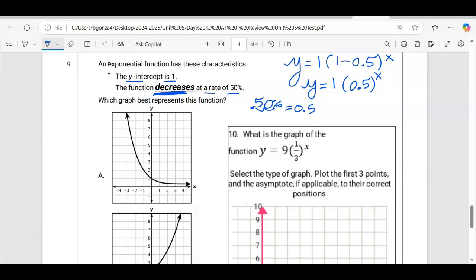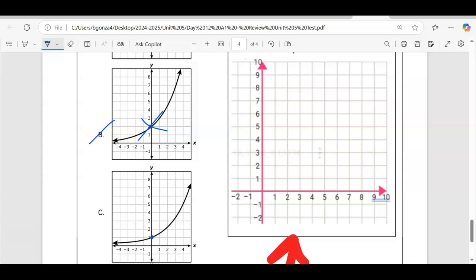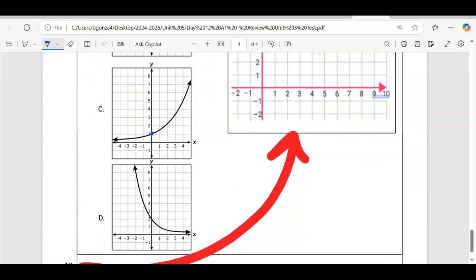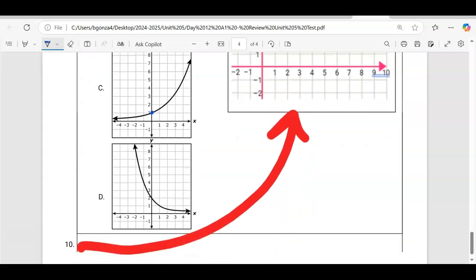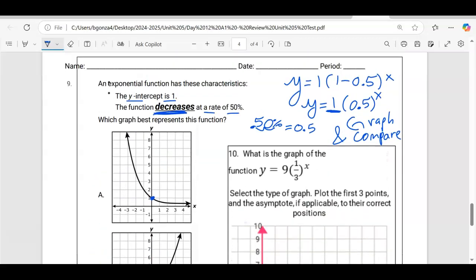Now, I would just graph it and compare. Okay? Or you could look at it. Which one of these has a y-intercept, initial value, of 1? Okay, A is good. This is not it. Not B. Okay? C is at 1. That's good. Okay, this one's not at 1. So that ain't it. And then if it's 0.5, it's decreasing.